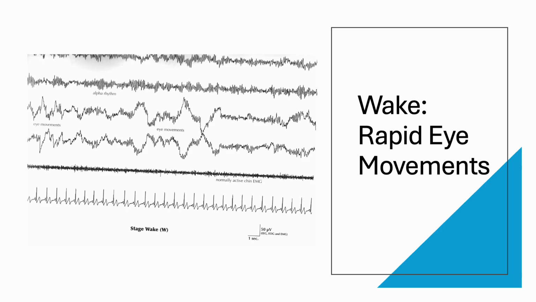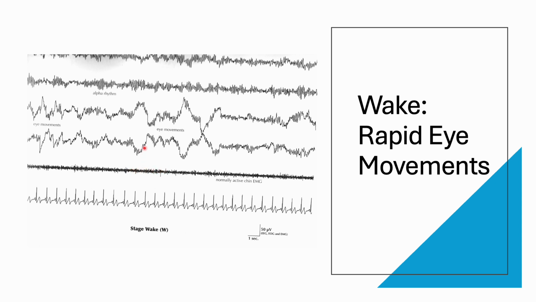Here are some rapid eye movements, but you can tell the patient is awake for a few reasons. Number one, there's a ton of alpha rhythm right here, which means the patient is awake with their eyes open. You can still move your eyes while your eyes are open or while your eyes are closed. Chin tone is not flat. It's pretty thick still.